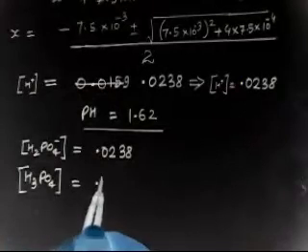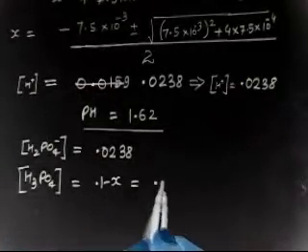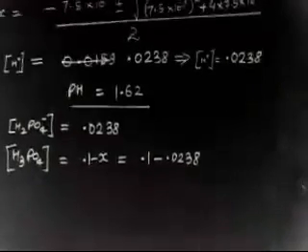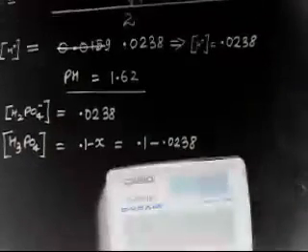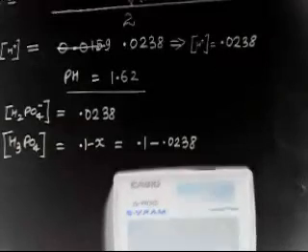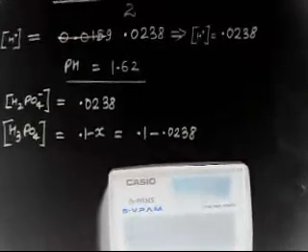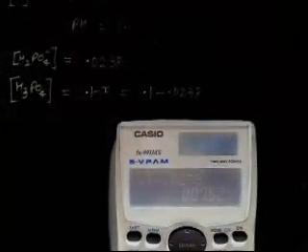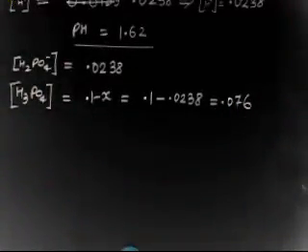This is basically 0.1 minus x. So 0.1 minus 0.0238. This is 0.076. Are you getting? So please keep copying.